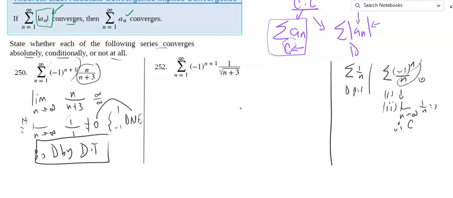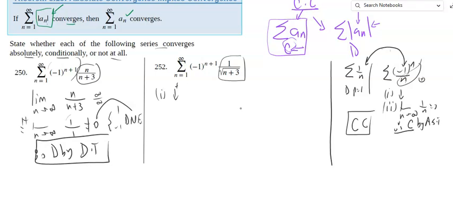Therefore, it converges by alternating series test. So all of the divergent p series converge if you make them alternating. Notice if you put an absolute value on this, it becomes that. So even though this initially converges, the absolute value diverges, this is what's known as conditional convergence. So putting an absolute value on a series makes it harder to converge. Glancing at this problem, well, this is positive.